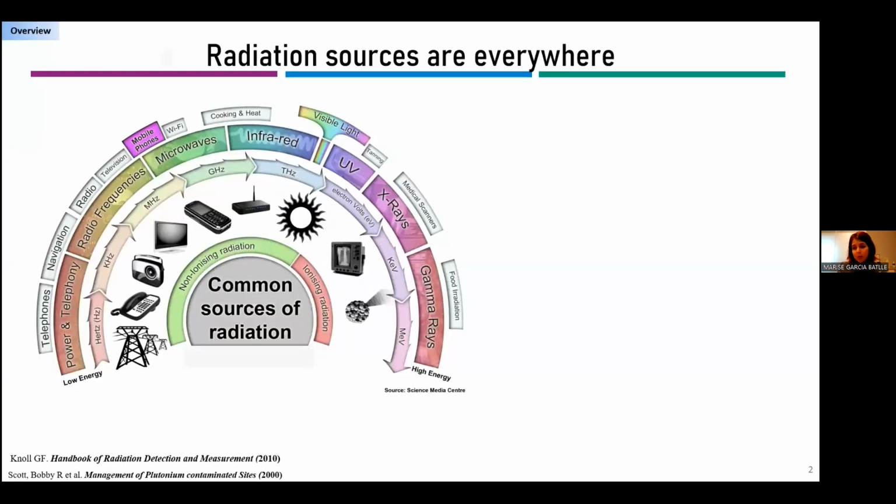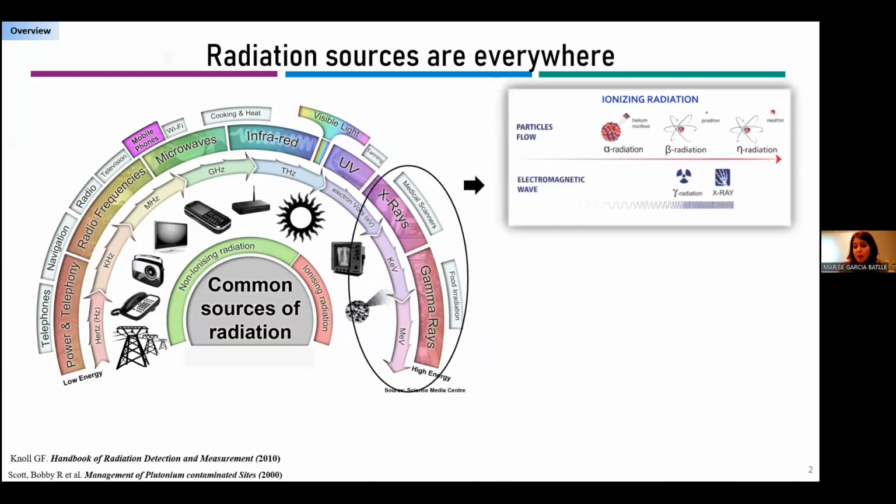I would like to start with a brief introduction about how we are surrounded by radiation sources. We are exposed to it constantly. And of course, there is ionizing radiation and non-ionizing radiation.